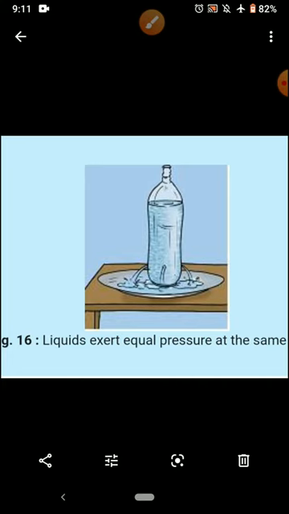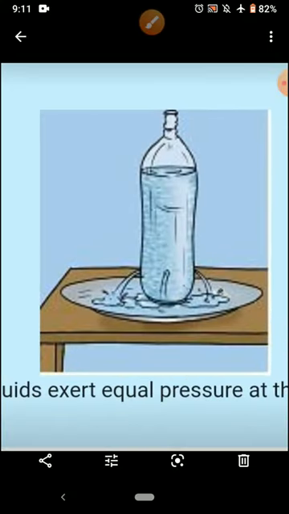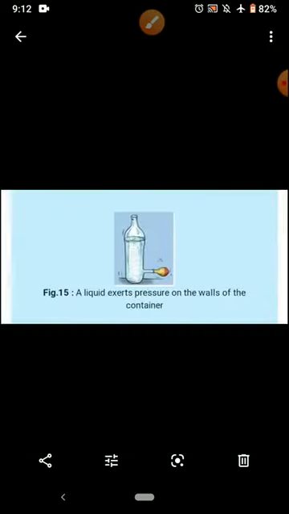Water falls from these holes at the same distance, because the holes are at the same height and same size. So you can now say that the liquid exerts pressure on the walls of the container.